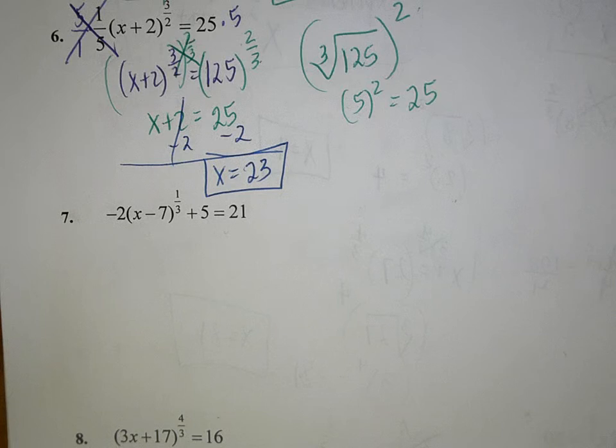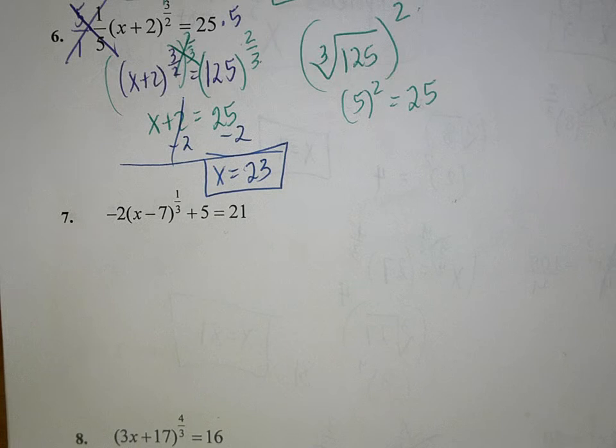Isn't it 7 plus 3? Minus 5 divided by 2. There you go.